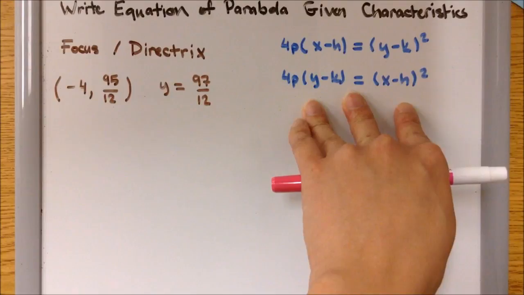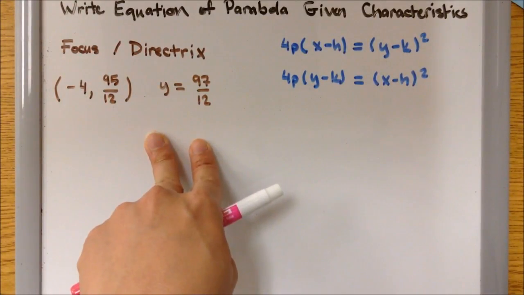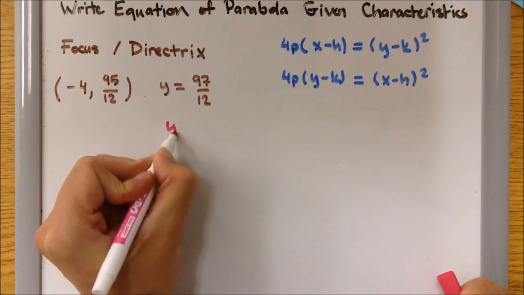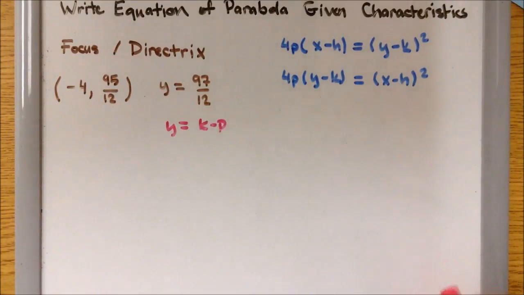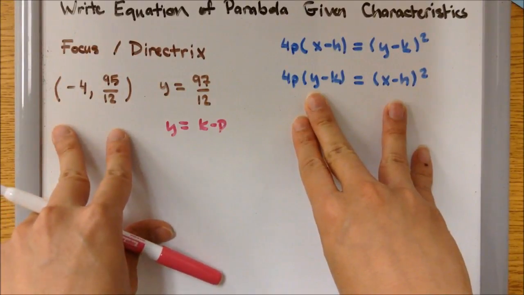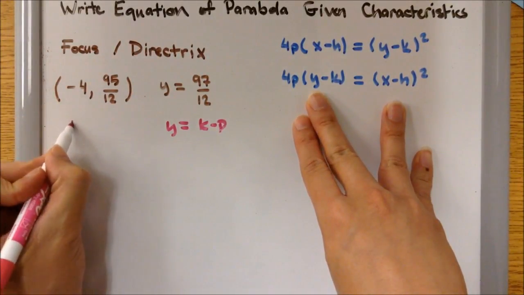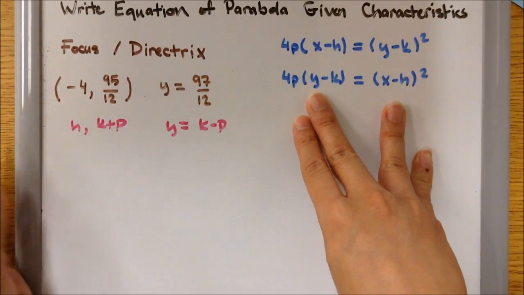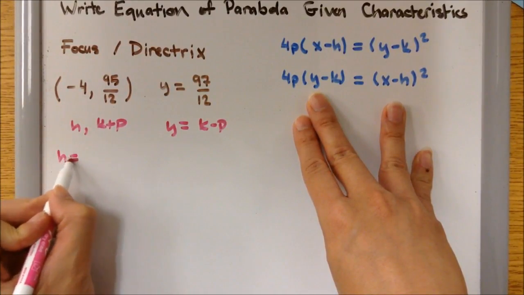So once we identify the correct equation, we can identify the correct formula for the directrix, which is y equals k minus p. And then we can determine the correct formula for the focus, which is h comma k plus p. So therefore, we can determine our h value, which is -4.